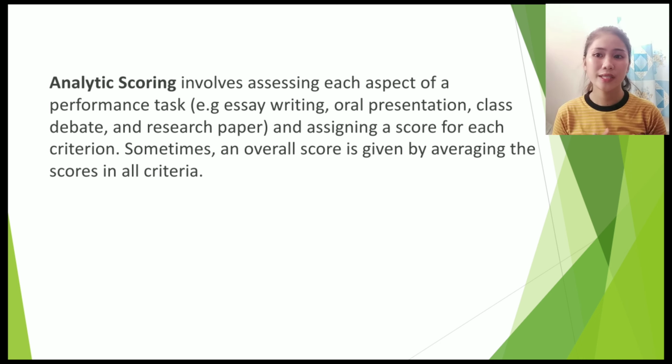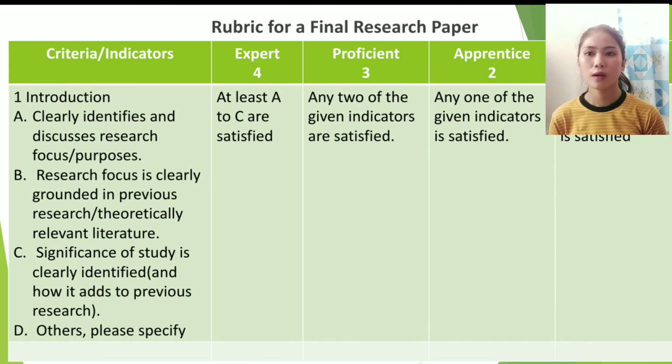Okay, analytic scoring is a method of evaluating student work that requires assigning a separate score for each dimension of a task. Okay, the rubric for a final research paper. The criteria, indicators. Number one, the criteria sa introduction. It must clearly identify and discuss research focus and purposes. And then sa letter B, research focus is clearly grounded in previous research and theoretically relevant literature.